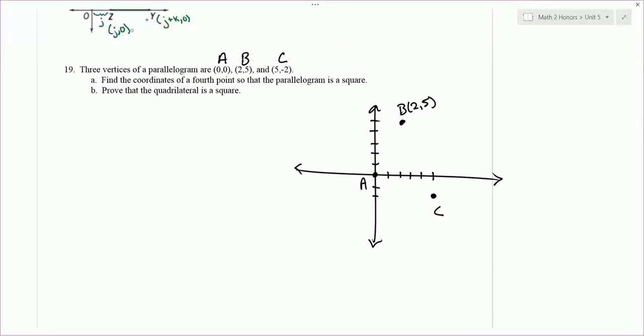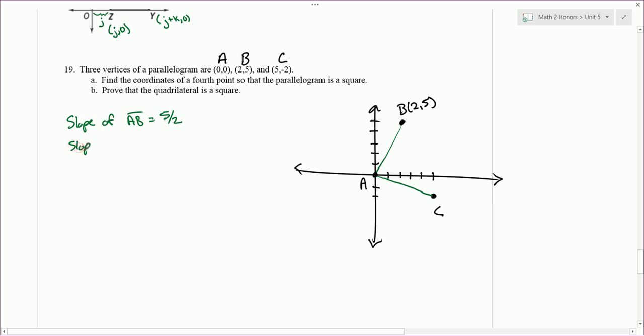And so what's given here is we have this right here. And I'm just going to take note of a few things. First of all, the slope of AB, using rise over run, is 5 over 2.